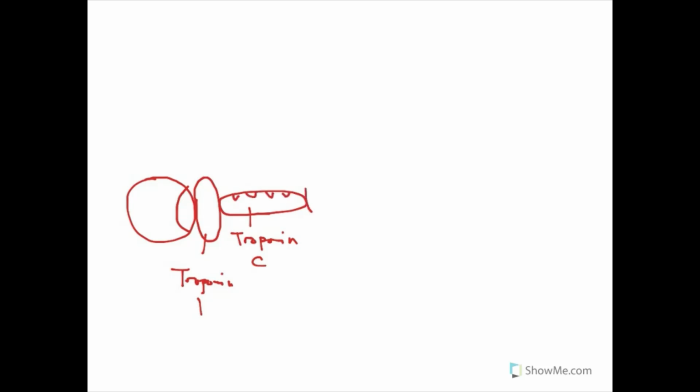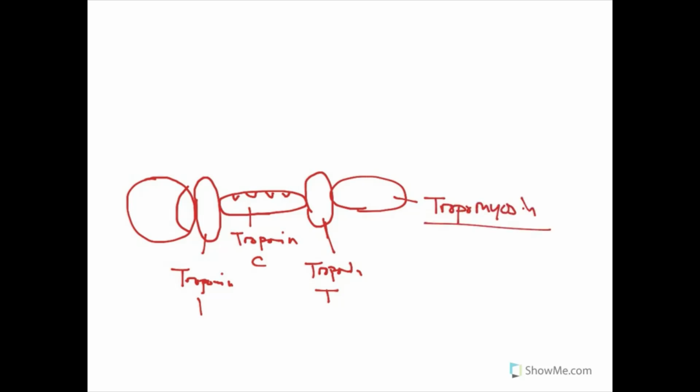And then there is this one here called troponin T, because it binds to tropomyosin. And tropomyosin and troponin form a complex that covers these active sites of G-actin, okay, and prevents myosin from binding.